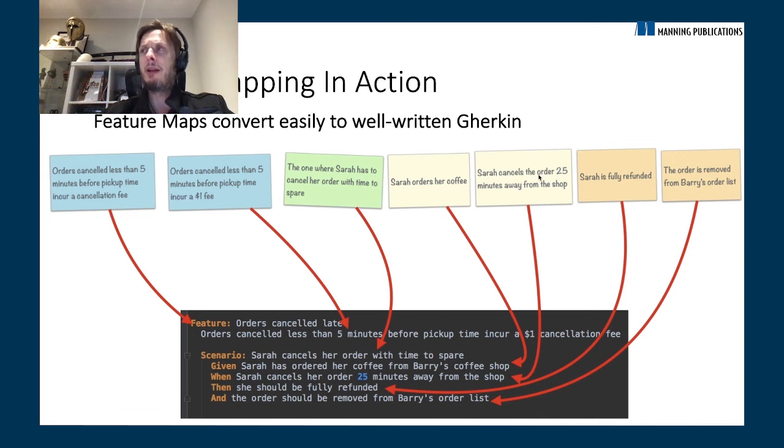It would be very obvious that you were looking at too granular a level to have meaningful conversations. To have meaningful conversations, you get to understand what level of abstraction you want to talk about. And that is the level that works well at the given when then level. So that in a nutshell is feature mapping.